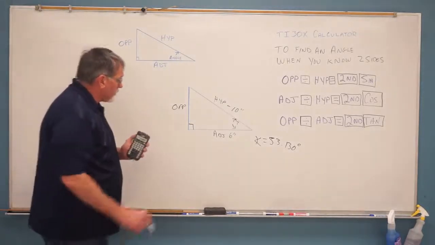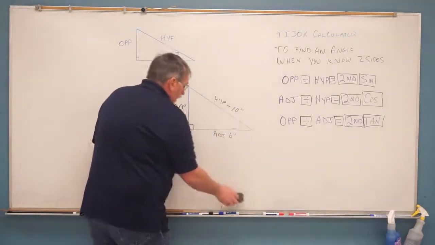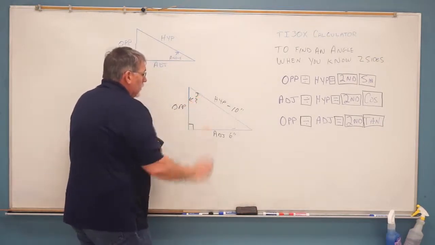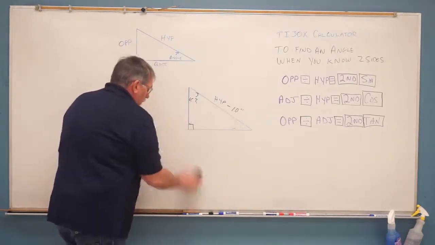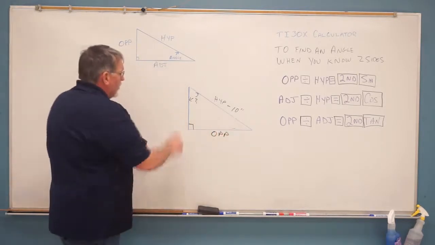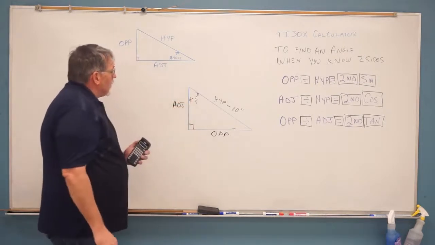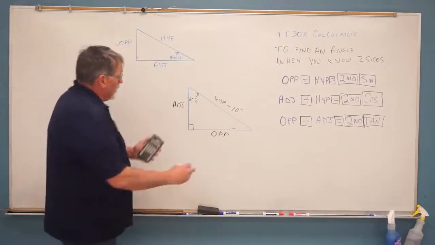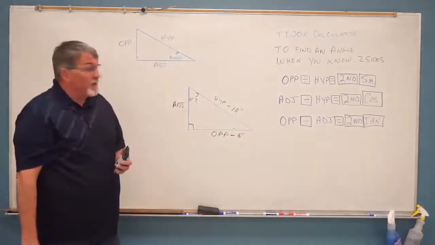Simple enough, right? Let's do one more, and just to make it interesting, let's change our angle. So that means we're going to solve for this angle. Okay, that's our unknown, which means this becomes our opposite side, and this becomes our adjacent side. So the one formula we haven't used is the top one. It's the opposite divided by the hypotenuse. So let's give me a number down here of 6 inches for our opposite.